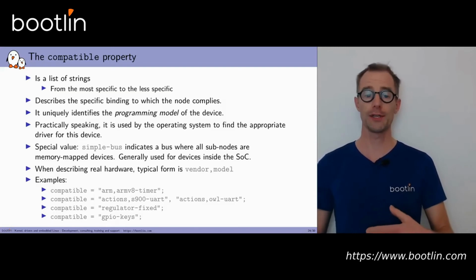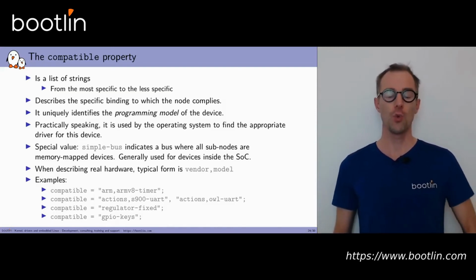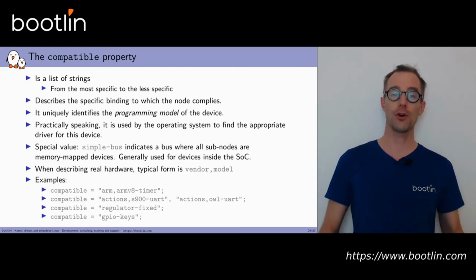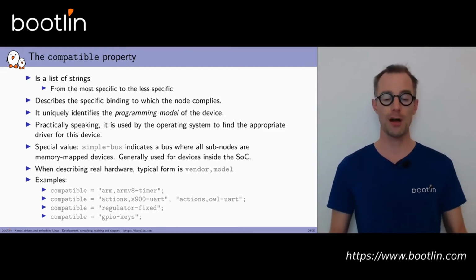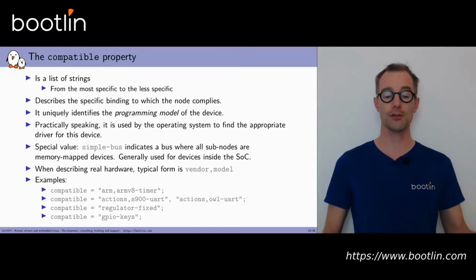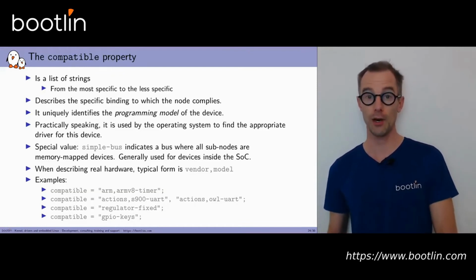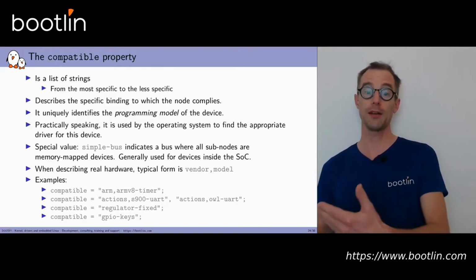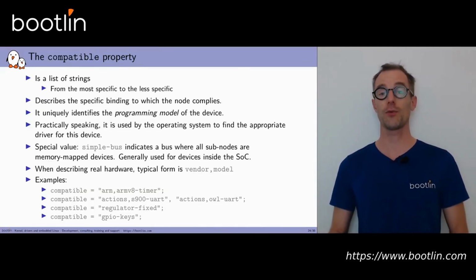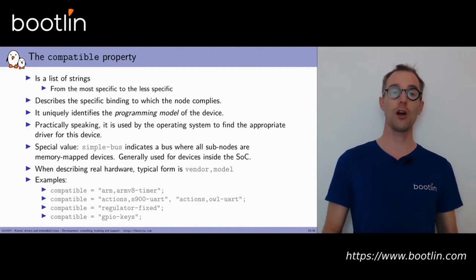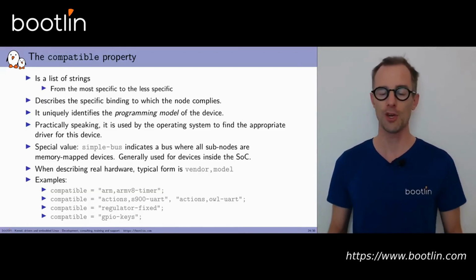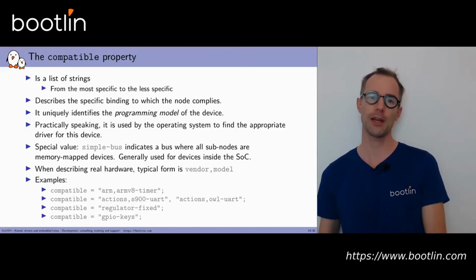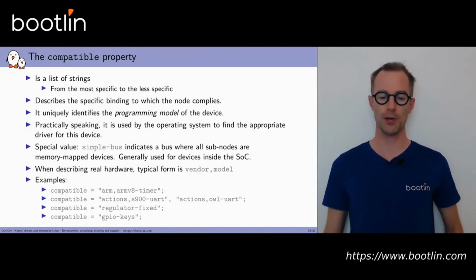So it is kind of a free-form string, which for real hardware matches vendor, model, as you can see in the examples below, such as ARM, ARM v8 timer, or actions S900-UART for a UART controller, would be compatible values for real hardware. The last two are for Linux kernel drivers, for fixed regulators and for keys over GPIOs, which are not like real hardware, but more like what you do based on a given piece of hardware.